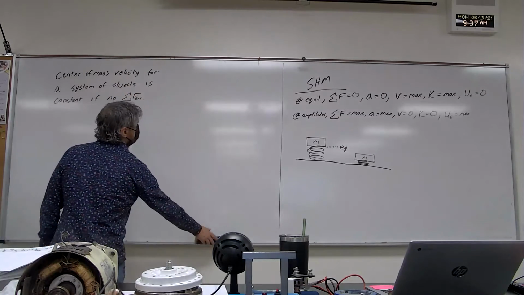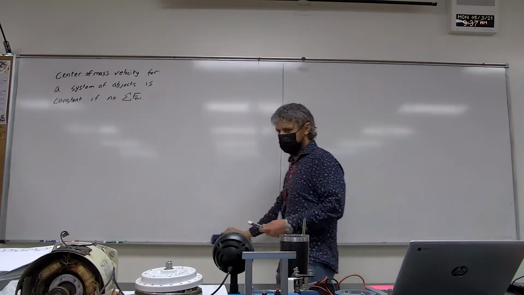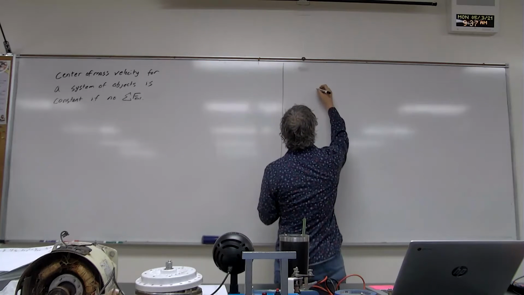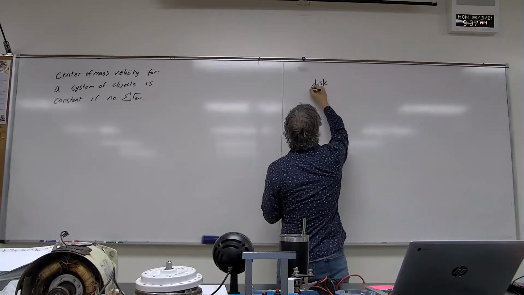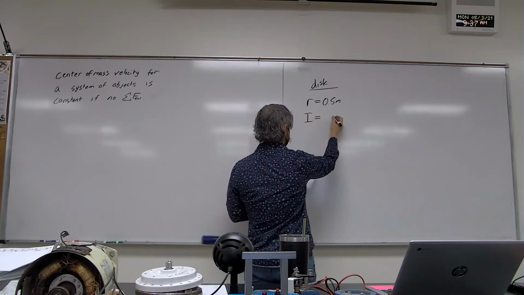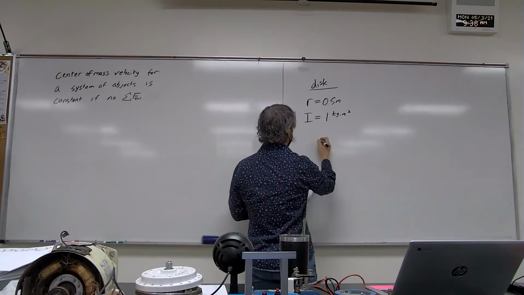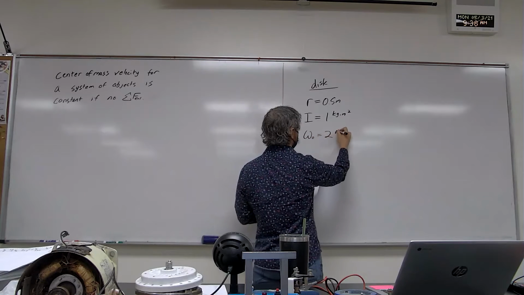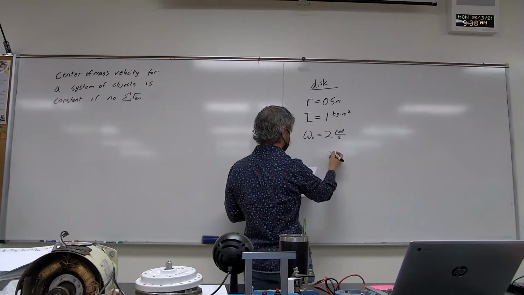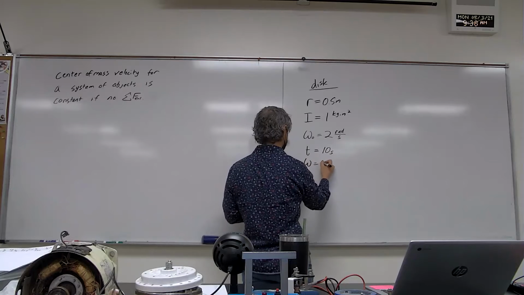What if we want to, let's say we have hypothetically a problem where you have a turntable or a disk with a radius of 0.5 meters, rotational inertia 1 kilogram times meters squared, and it's initially rotating at 2 radians per second, and there's friction on the axle which is exerting a torque and causing it to slow down, and let's say it takes 10 seconds for it to slow down to a final velocity of 0.